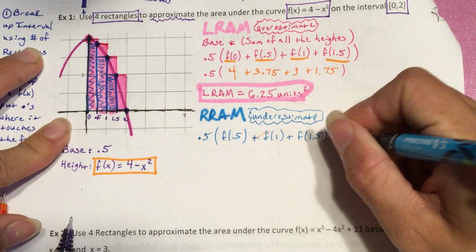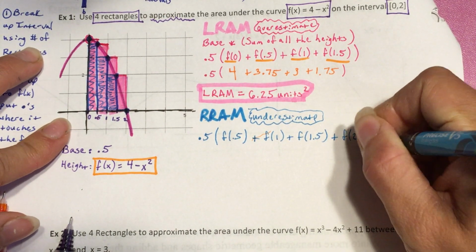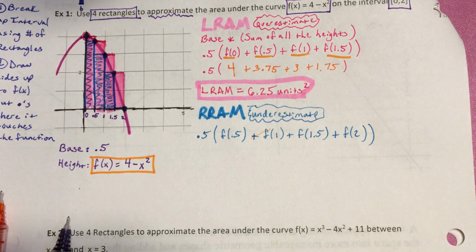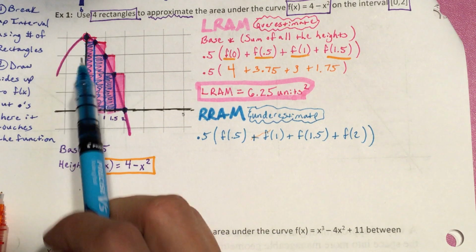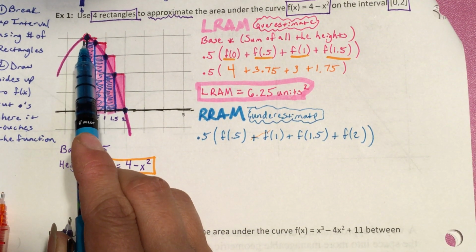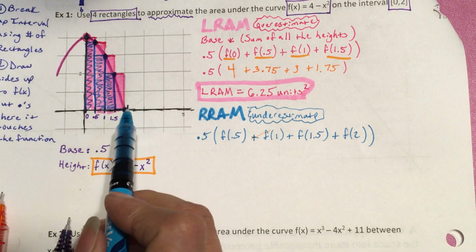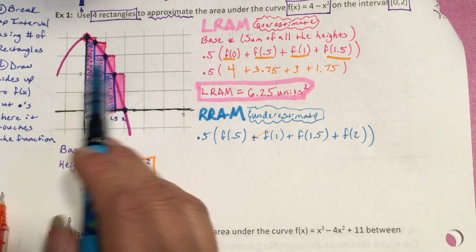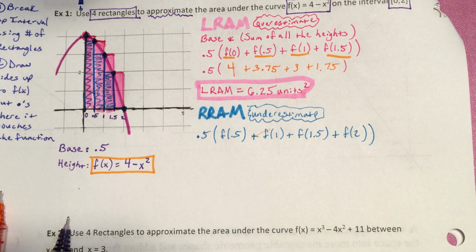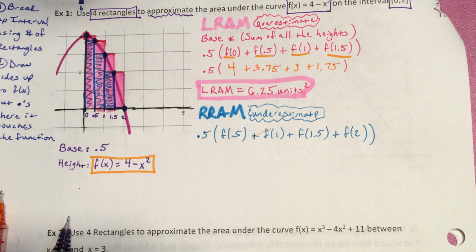And then my last one, f of 2. So, just to compare to LRAM, LRAM started with the leftmost point in making the heights of our rectangles, but RRAM started with the rightmost point. So the way that you start each of those rectangles is important for the name, whether it's LRAM or RRAM.